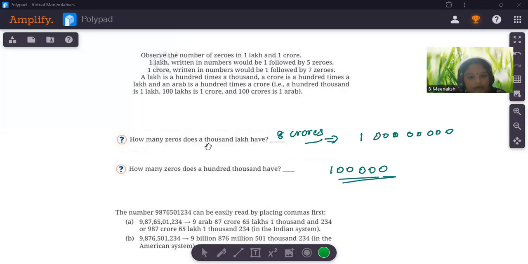Now, how many zeros does 1000 lakh have?